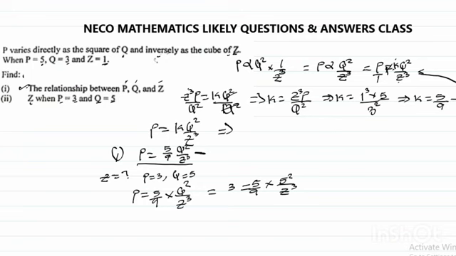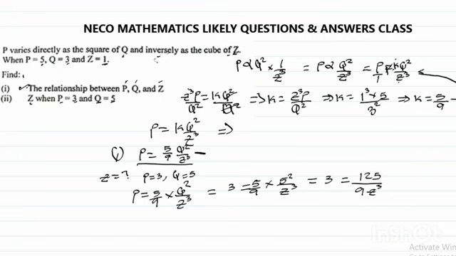We are working towards z, so we want to make z the subject of the formula. 5 raised to the power of 2 is 5 times 5, that is 25, times 5 gives us 125. So 3 equals 125 divided by 9 times z to the power of 3.